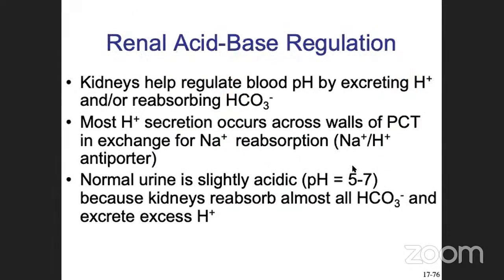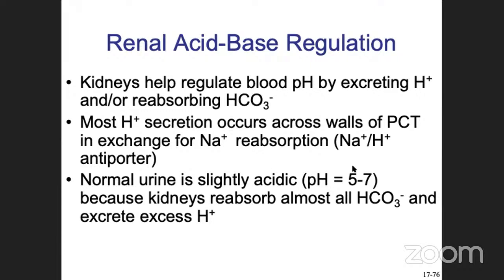Renal acid-base regulation, as I mentioned earlier, your kidneys not only function to regulate the blood pressure, but also for balancing the acidity or acid base. The kidney helps regulate blood pH by excreting hydrogen ions or reabsorbing bicarbonate ion.